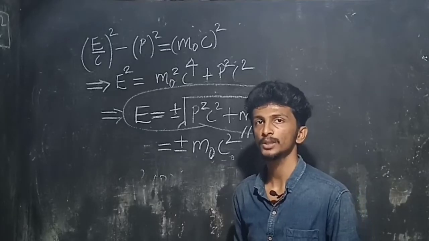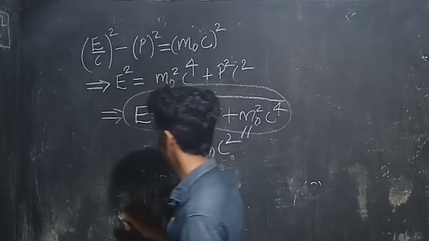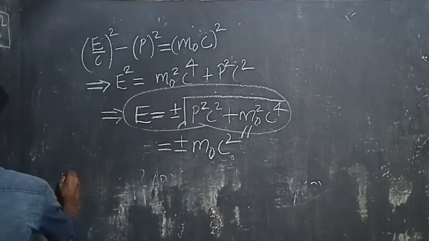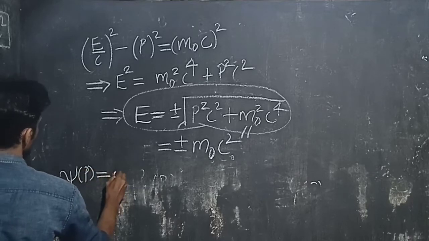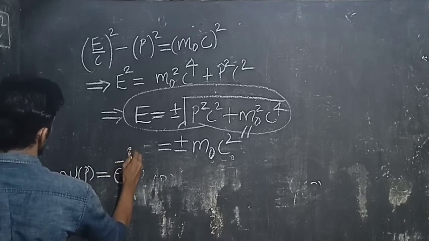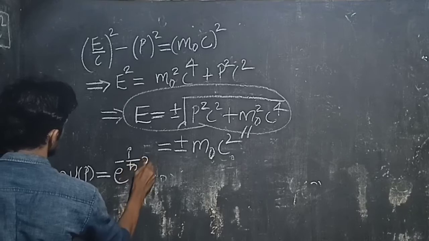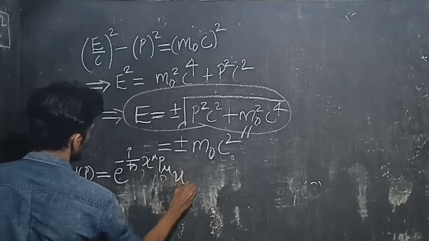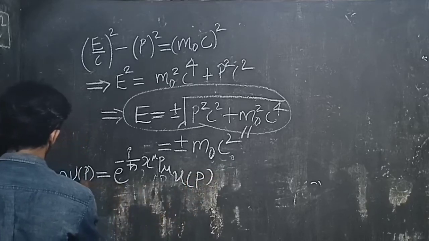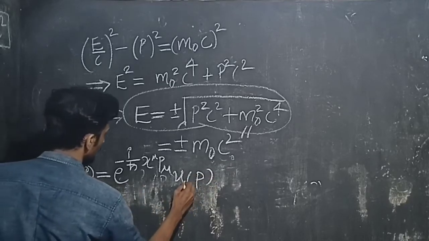Now we have the solutions for the Dirac equation, that is psi of p is equal to e to the power minus i over h cross x mu p mu, u of p, psi i of p, u i of p.